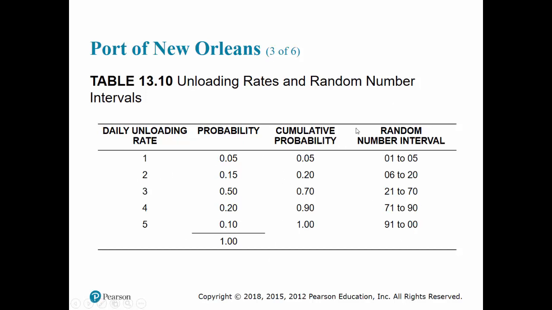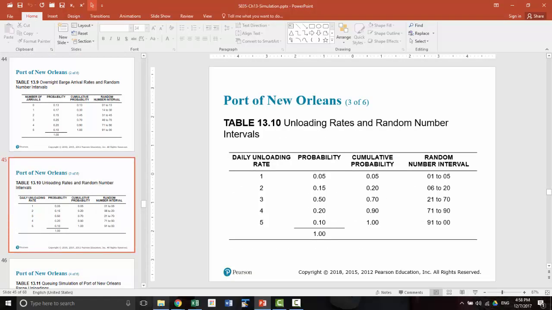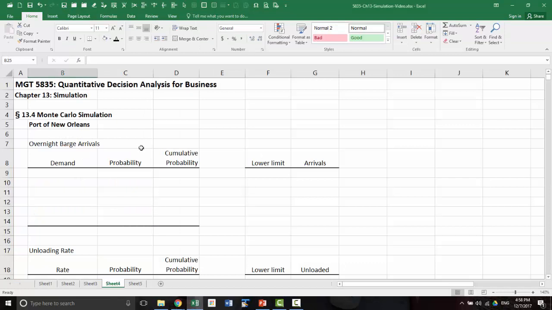So we match the unloading rate and barge arrival and see, at the current rate, what it is going to look like in terms of how much time the barges are spending waiting to unload. So if we increase the daily unloading rate, will we be able to reduce that time significantly or not? And how much can we reduce the time of waiting and so on? Okay, so let's set up the model in Excel.